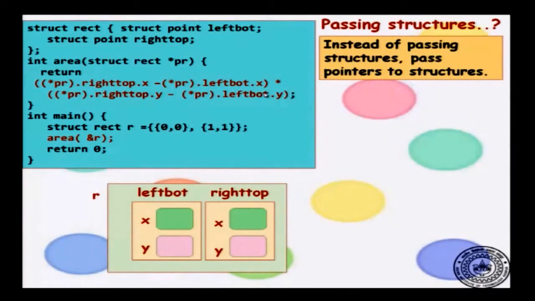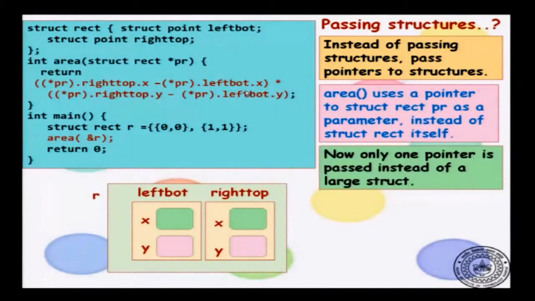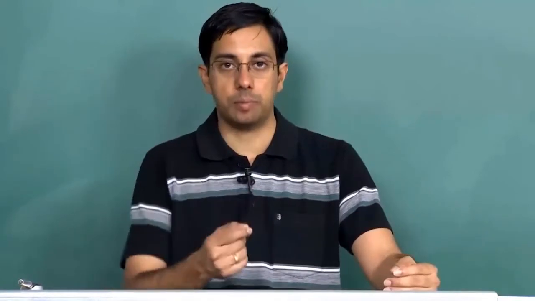So, the lesson here is that instead of passing structures, you pass pointers to structures, and now whatever be the size of the structure. So, you have a struct rectangle which inside has 2 points and so on. You may want to pass a very large structure, and copying that will take a long time, but instead what you do is you pass just a pointer.